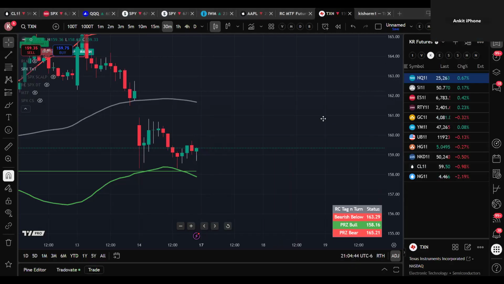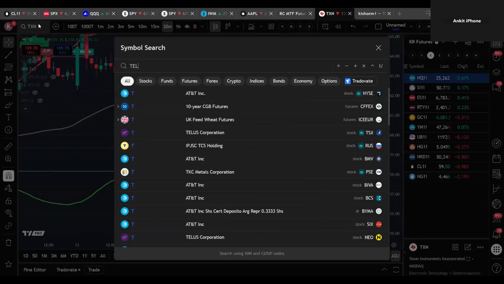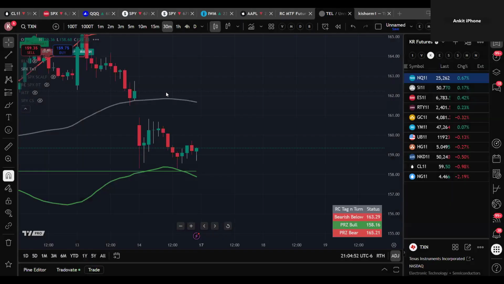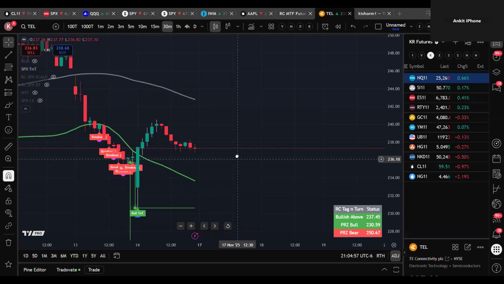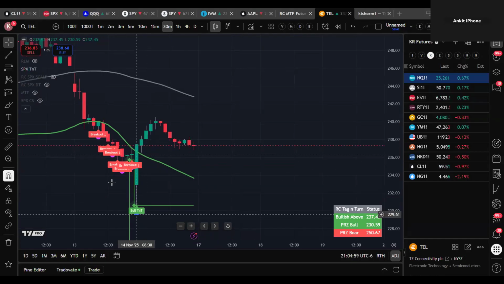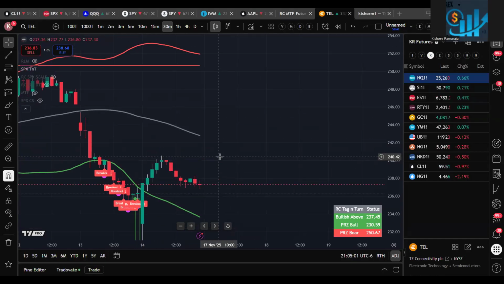And then we also have TEL and RMBS puts, right? I'm not sure about TEL. It will bounce back, but RMBS, I don't think it will reach 115. Yeah, TEL is going up again. I think TEL is already in some profits.